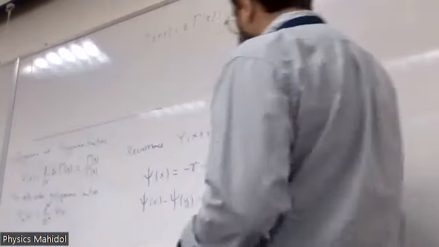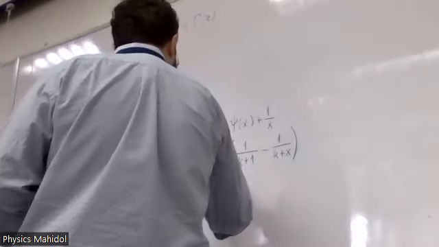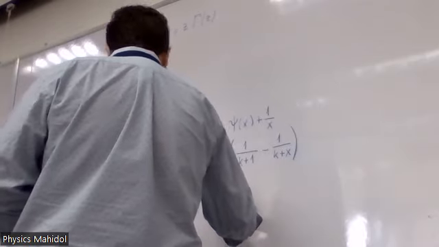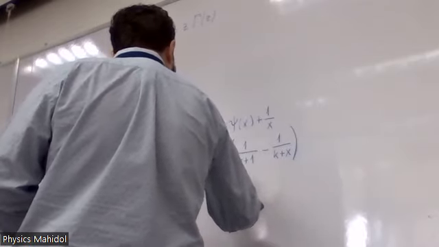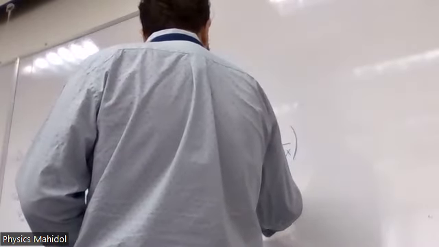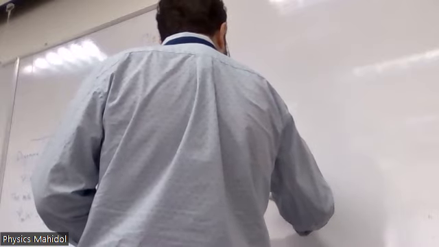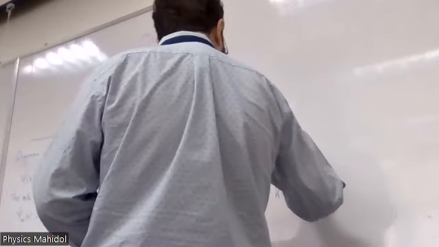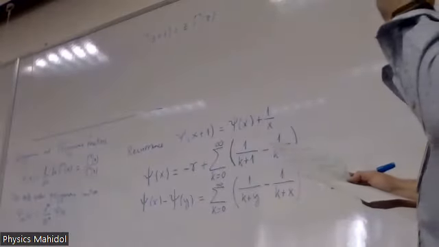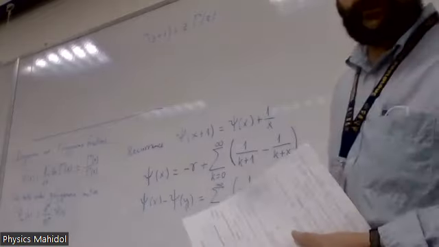If you do this difference, the Euler-Mascheroni constant disappears. These terms disappear one by one, and we will get the sum from k equals 0 to infinity of 1 over k plus y minus 1 over k plus x. So this can have some application. Let me give you an example.